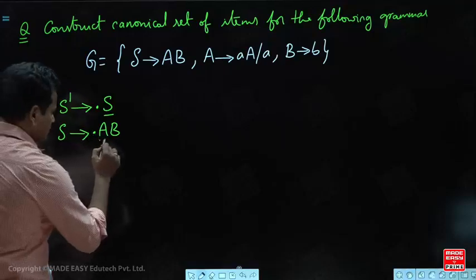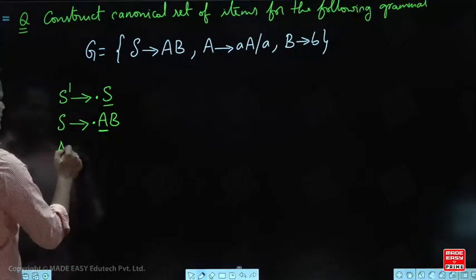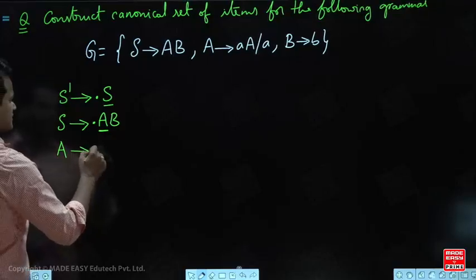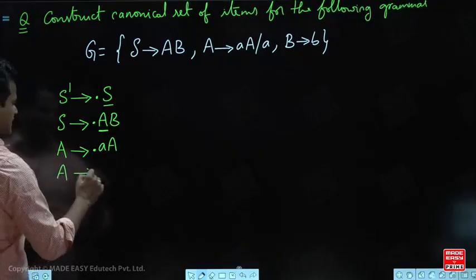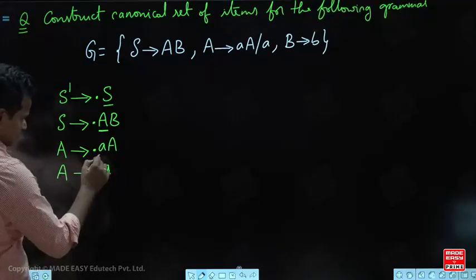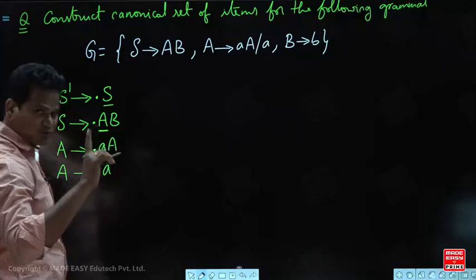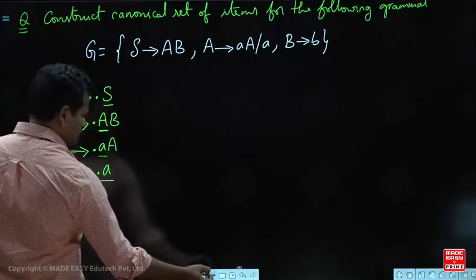So again the dot is before A, which is a non-terminal. So add every production of A. A has 2 productions. So I have added A's productions here. Now the dot is before a terminal. Terminals won't have any production.